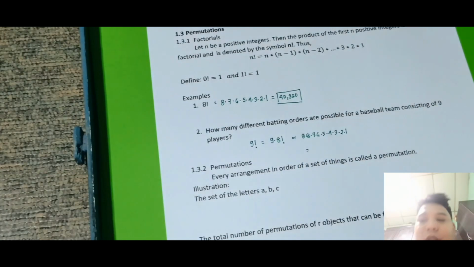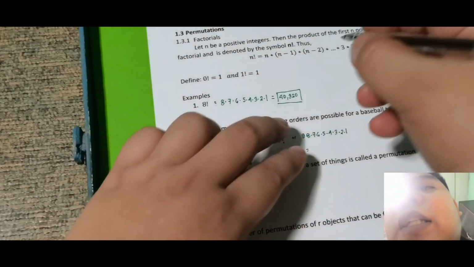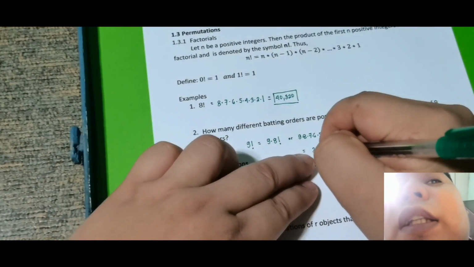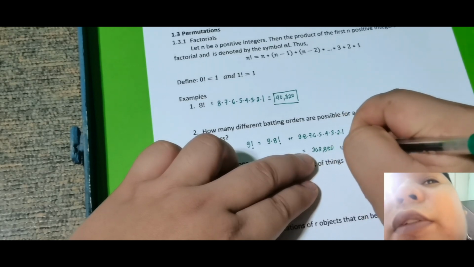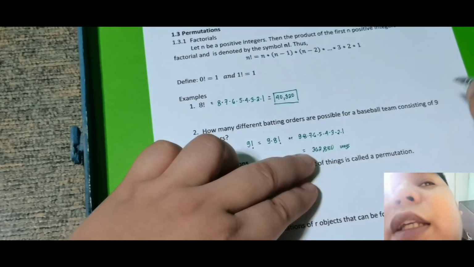So that is 40,320 times 9, that is 362,880 ways. So sinasabi kasi different batting order.